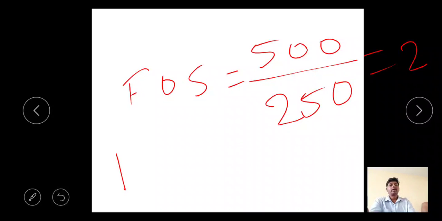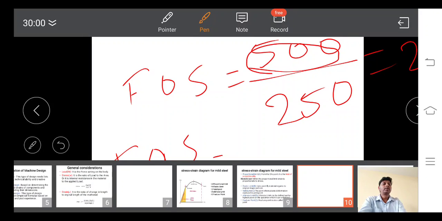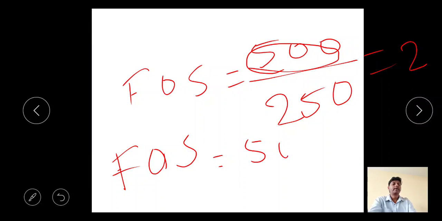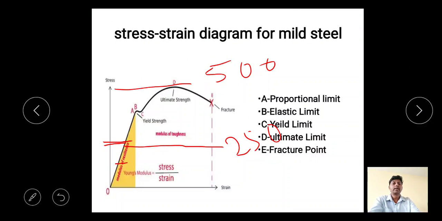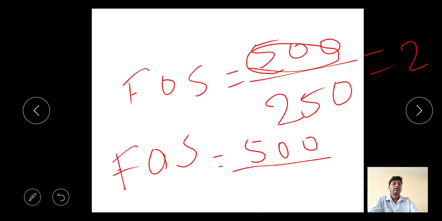Now the ultimate stress is fixed, you can't change it. So this is 500, and if I take the working stress as 100, then I will get 5. So here you are getting 2, and there you are getting 5.